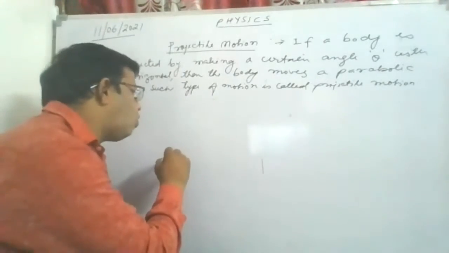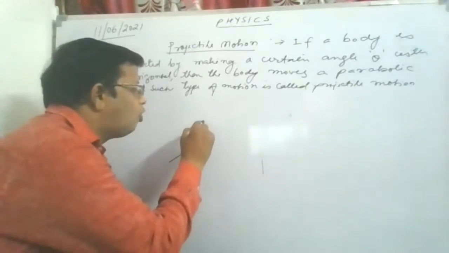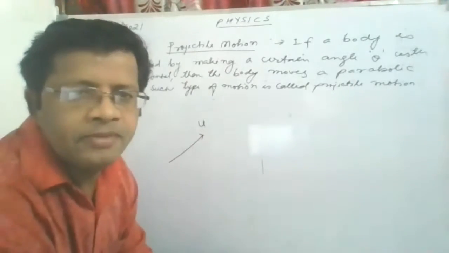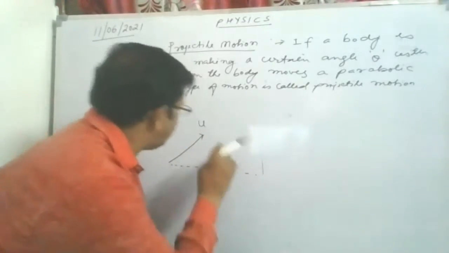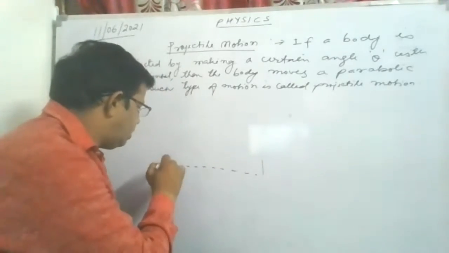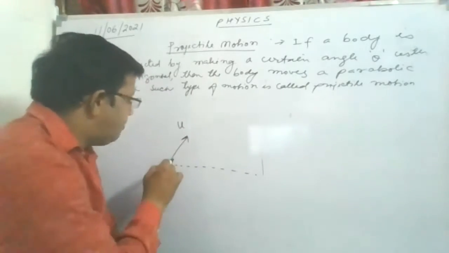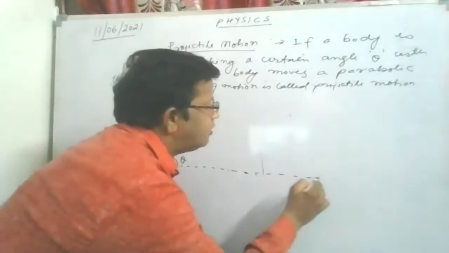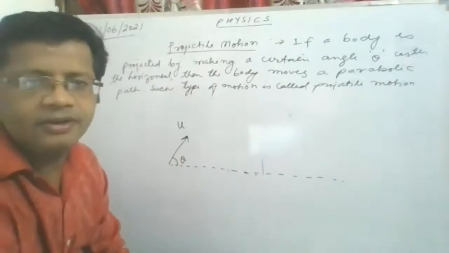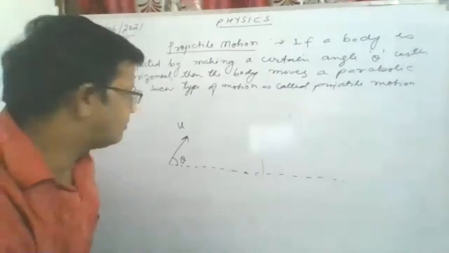Let a body be thrown with initial velocity u, and it makes an angle theta with the horizontal. Now see here, what will happen?